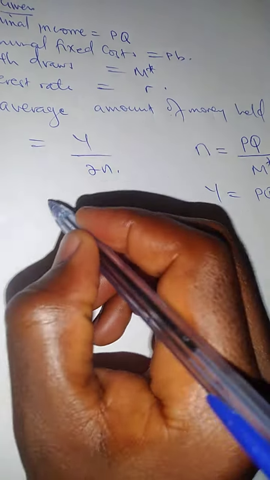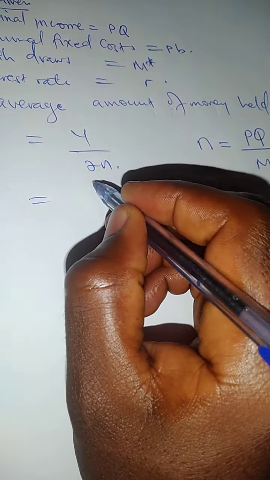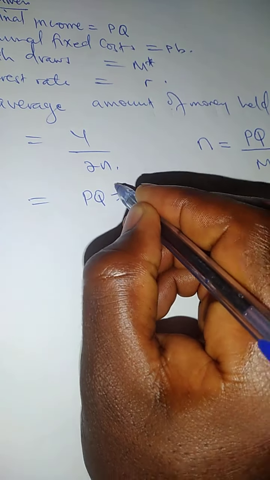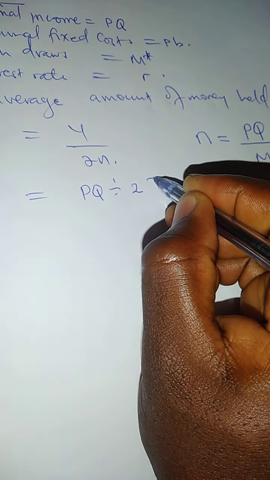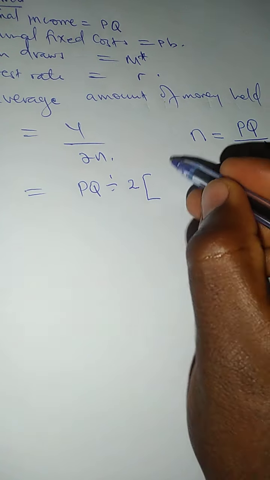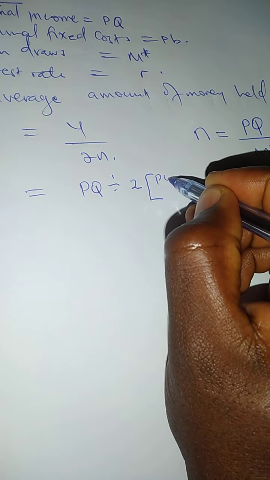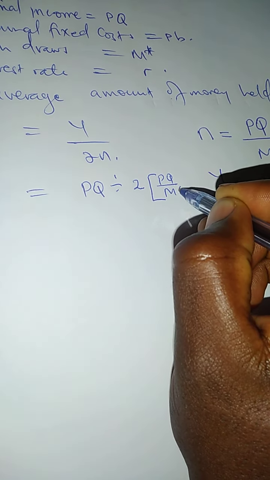So our average money holdings is going to be PQ divided by 2 times N, but N is PQ over M star.